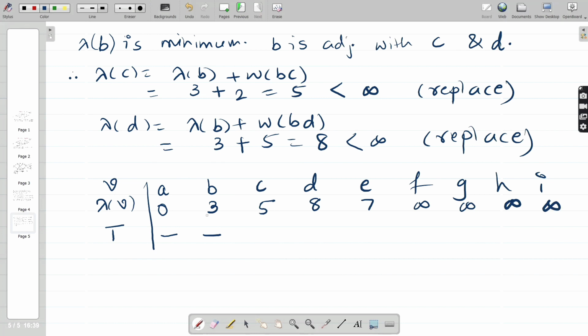Now here, when we have excluded A and B from T, lambda C is minimum. And therefore I will put a dash over here. And now in the next table, I will be considering only these 6 vertices in T. So once I put a square, the label becomes fixed.